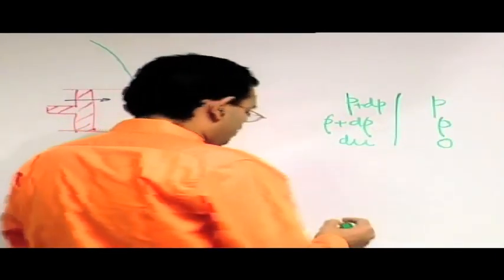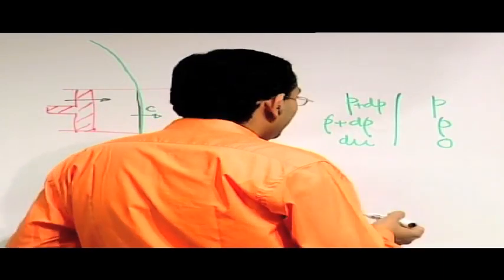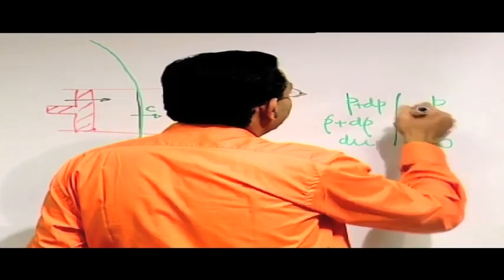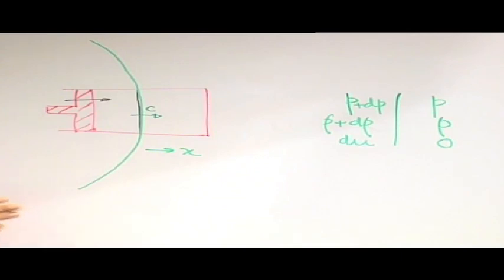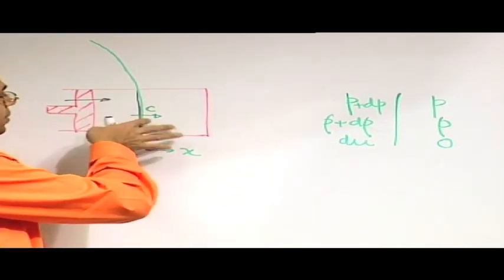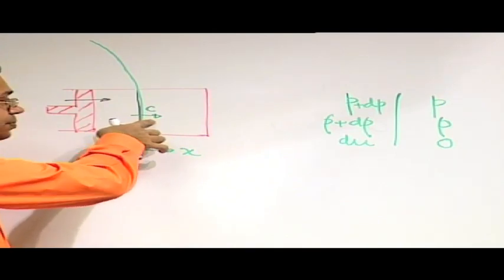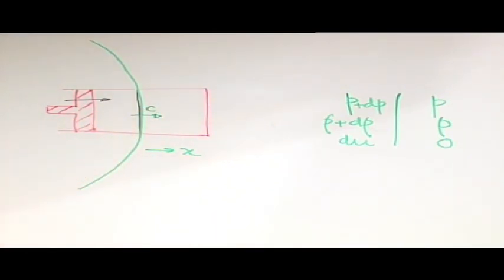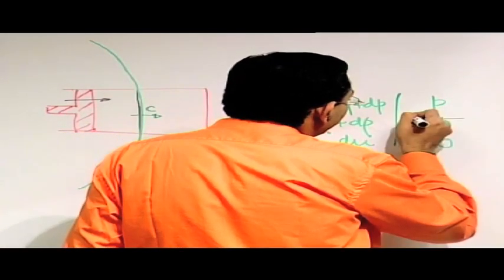So, you have made a transformation, as if you are sitting on a reference frame that moves with the same velocity as the front. With respect to that reference frame moving with a velocity c, what would be the velocity of flow here?